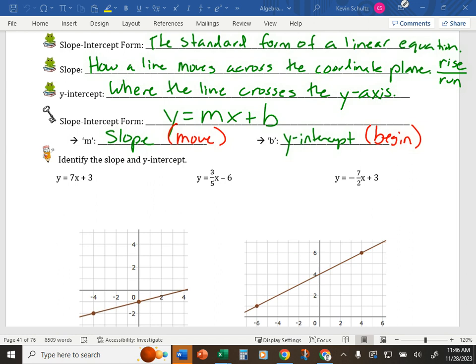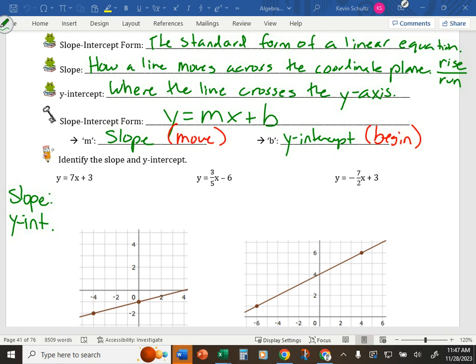So y equals 7x plus 3. What's the slope here? What value is in the position for m? Y equals mx plus b, y equals 7x plus 3. What's our slope? 7, right?